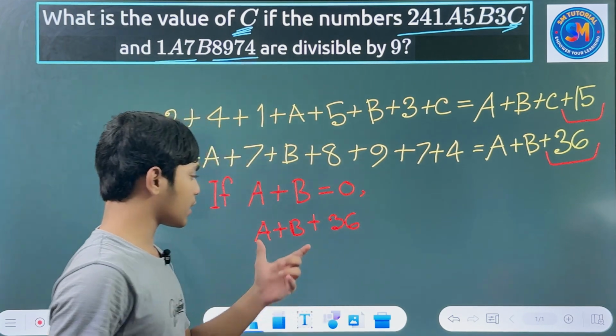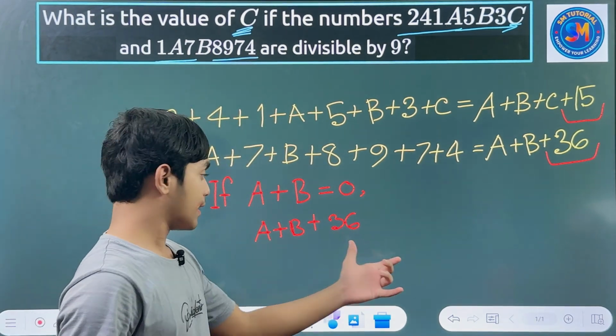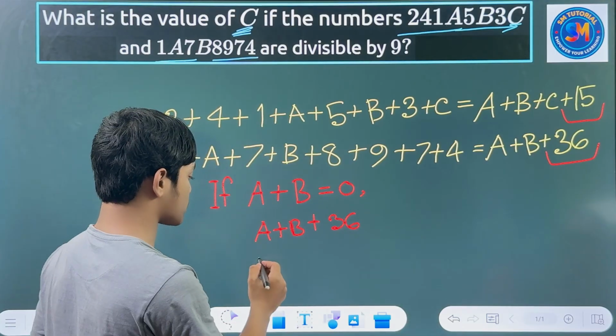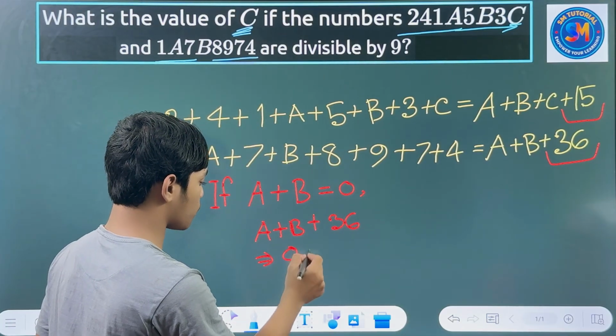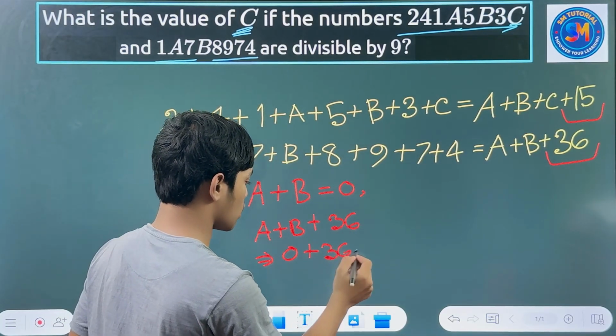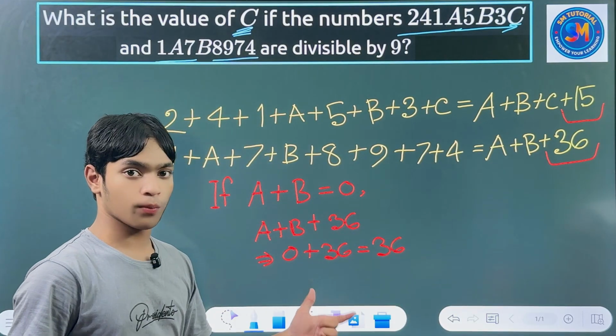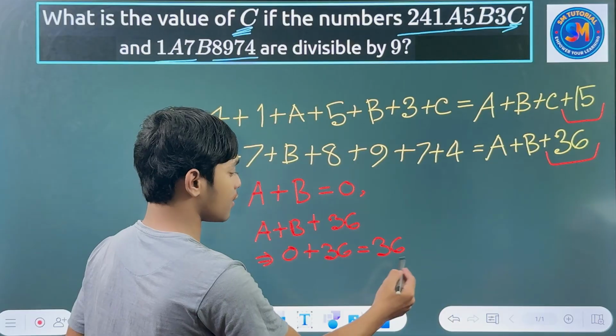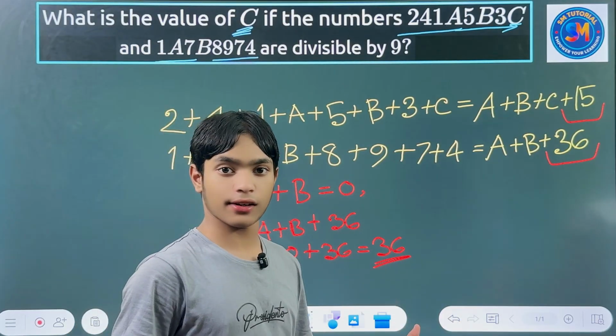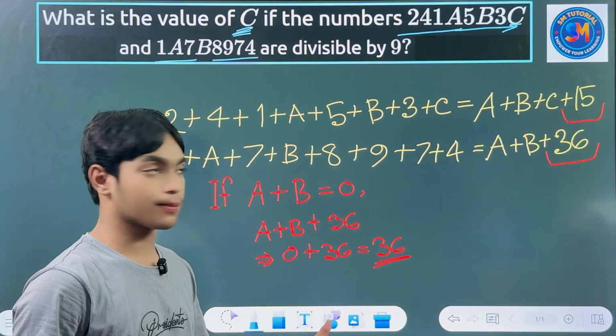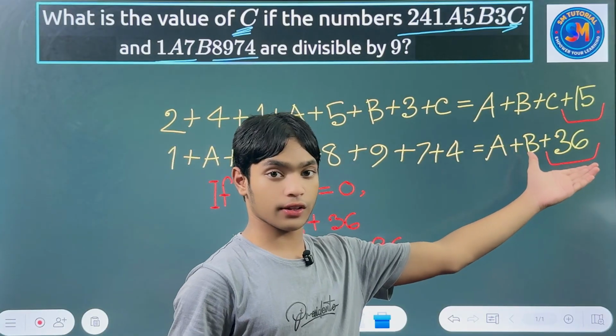You know the value of this is 36, so if a plus b is 0, then 0 plus 36 is 36. And here you can see 36 is divisible by 9. So this case is working for this place.